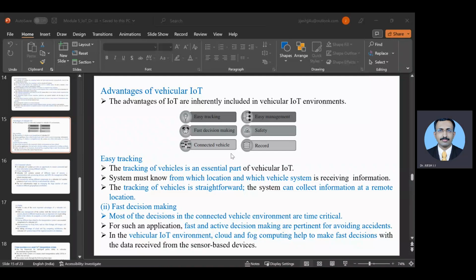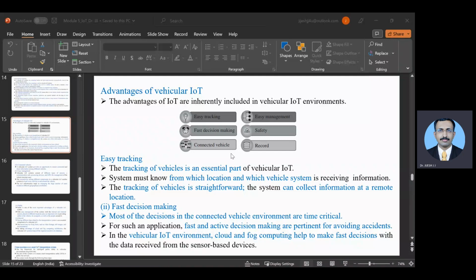Fast decision making. Most of the decisions in a connected vehicle environment are time critical. Why are the decisions time critical? For example, you have 2 aircraft, or 2 trains.